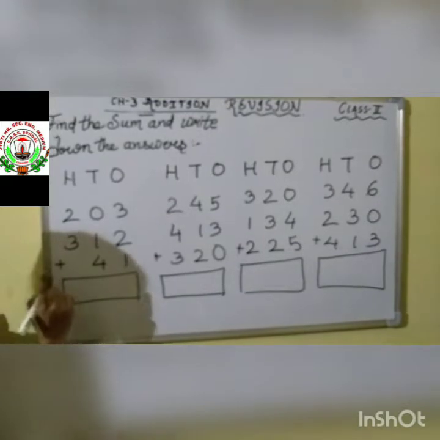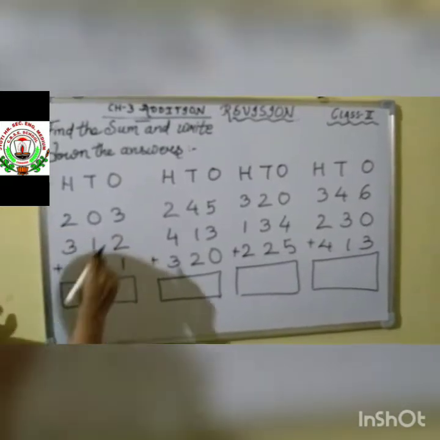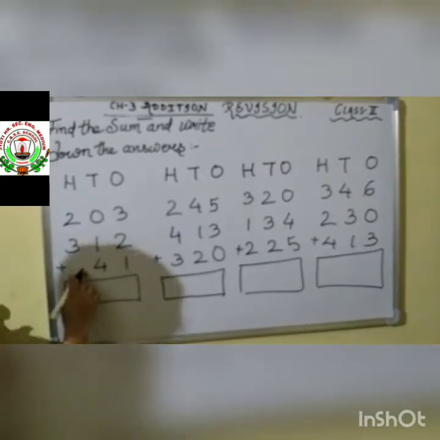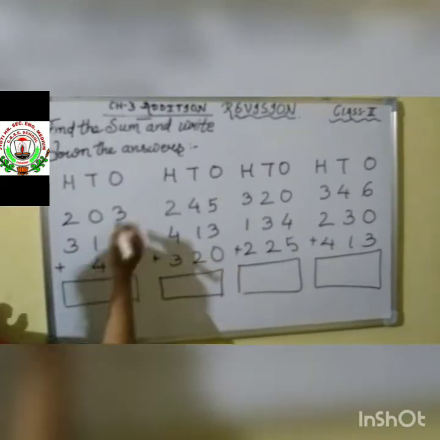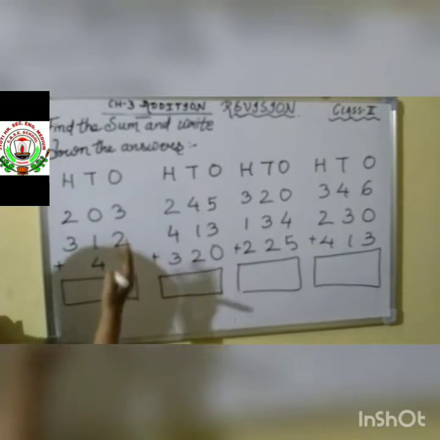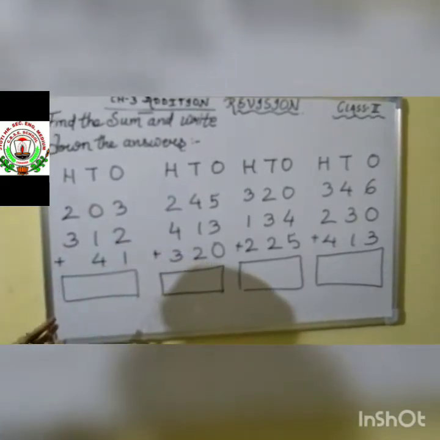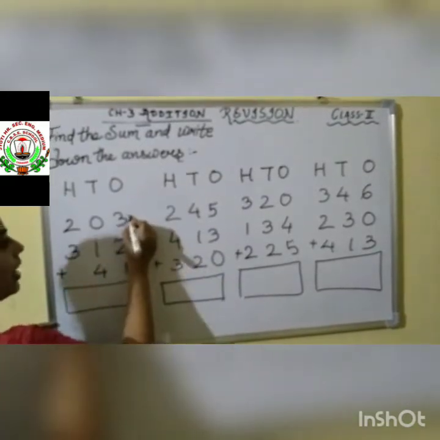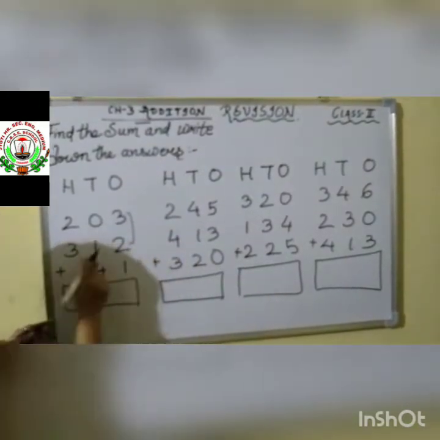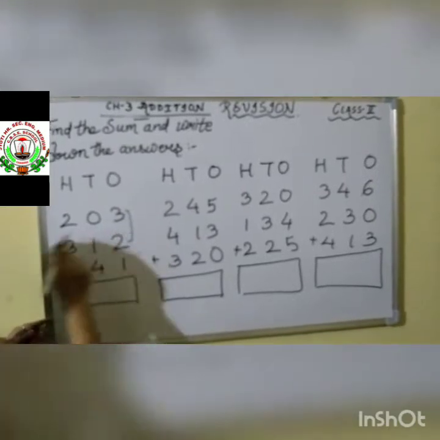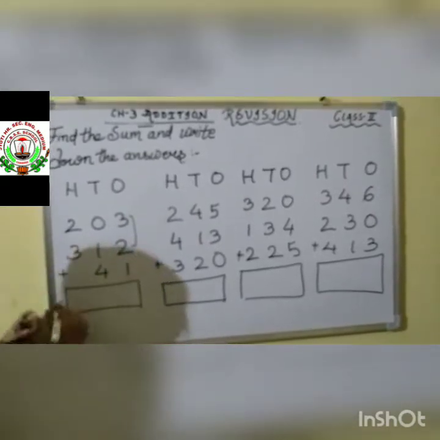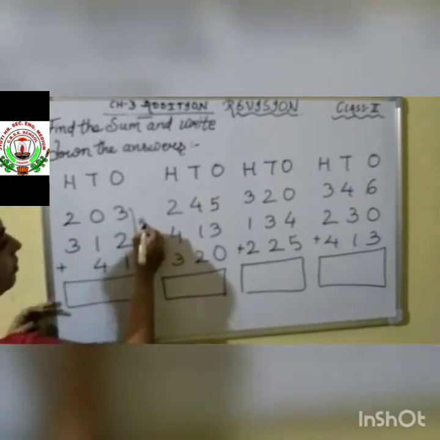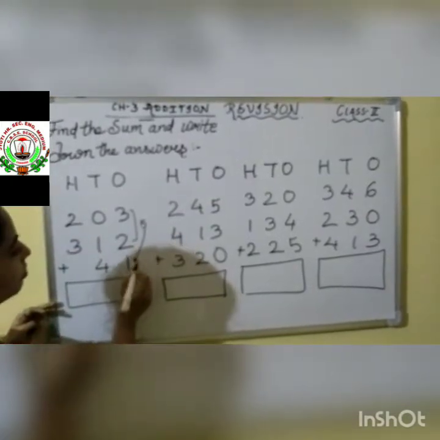Let us revise again. I already told you that we have to start from the ones place, then the tens place and the hundreds place. Yes or no? Okay. We start from the ones place. We have 3 numbers, that is 3, 2 and 1. So first add these 2 numbers. 3 plus 2, how much will we get? 5.